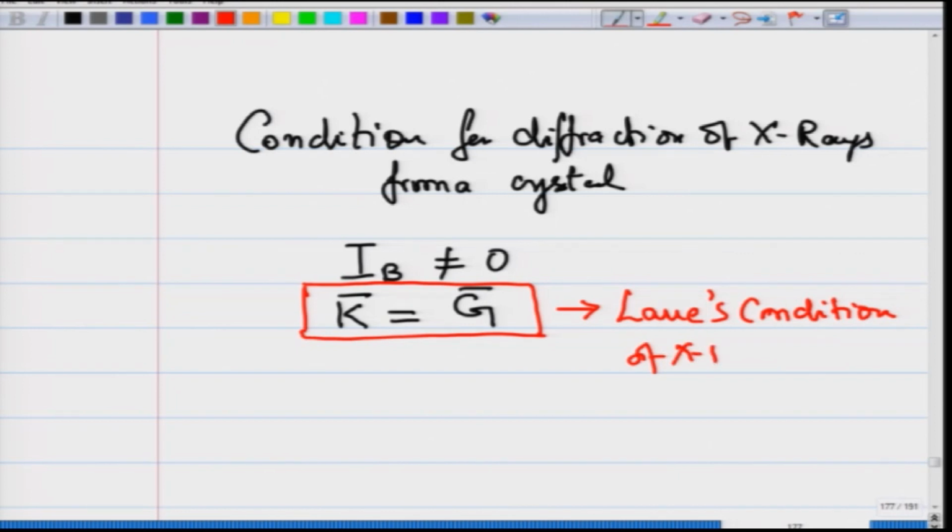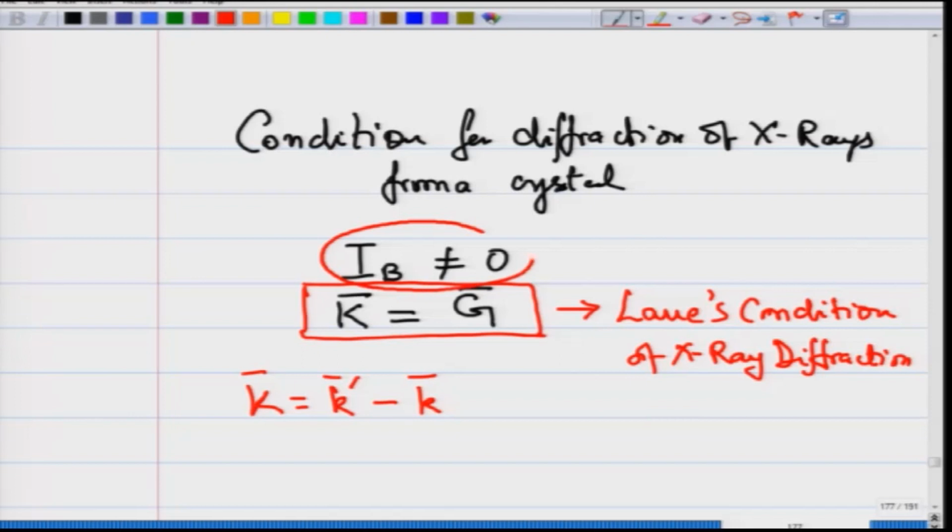This scattering vector is the difference between the scattered wave vector minus the incident wave vector. If the scattering vector is equal to the reciprocal lattice vector, only then my scattered intensity is not equal to 0.